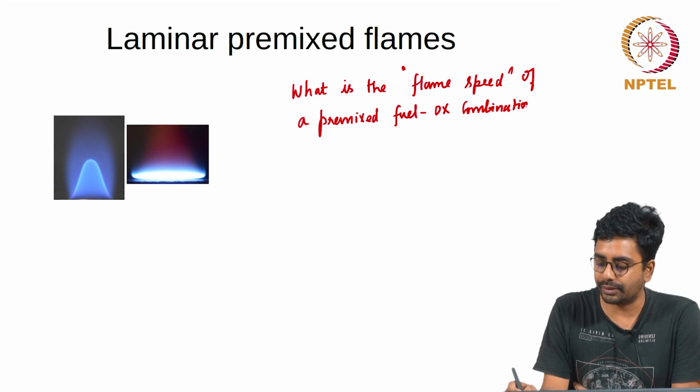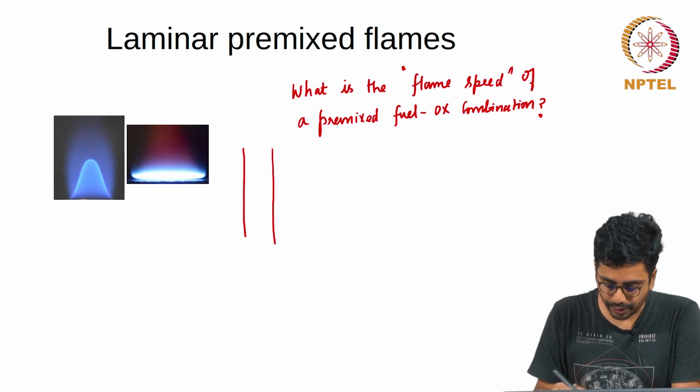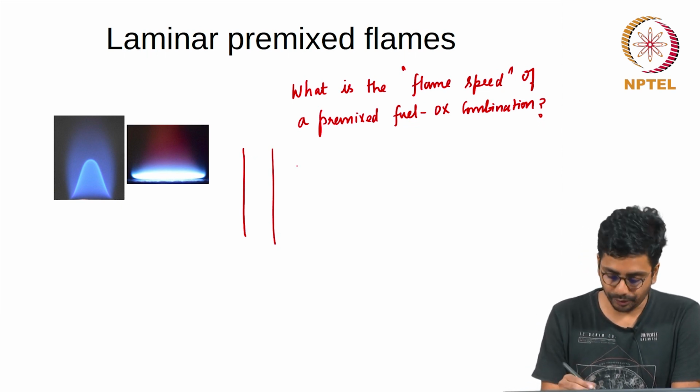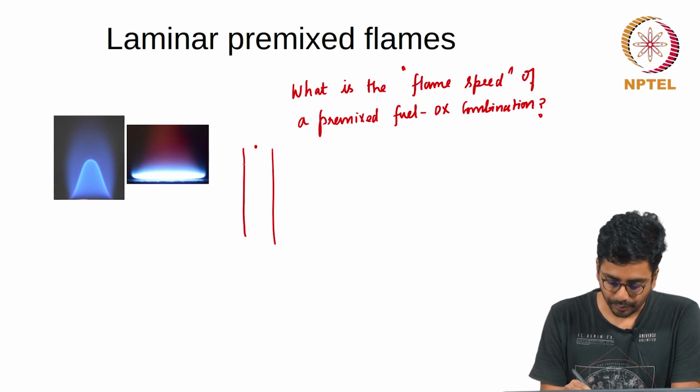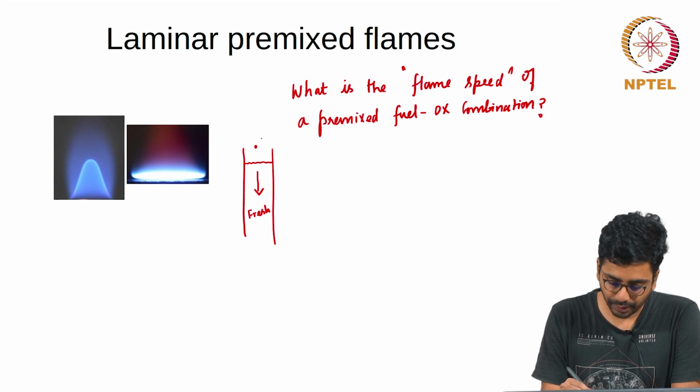If you go back to the lecture on laminar premixed flames, you will recall a video which showed a tube like this filled with premixed LPG air mixture ignited at the top, which creates a flame front, and that flame front propagates into the unburnt mixture. This is the fresh mixture, this is the products.